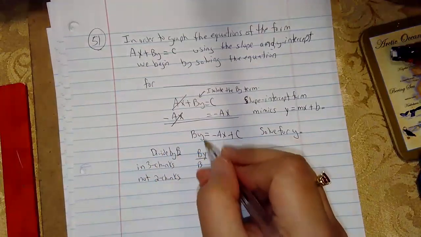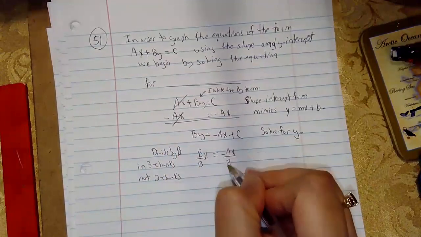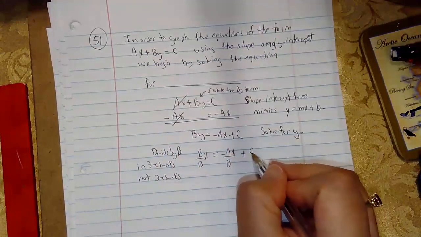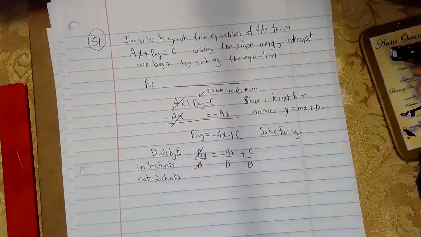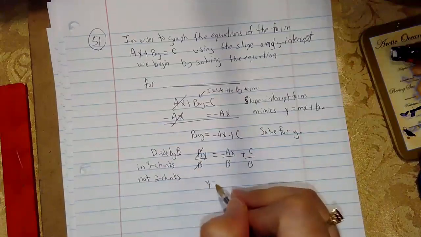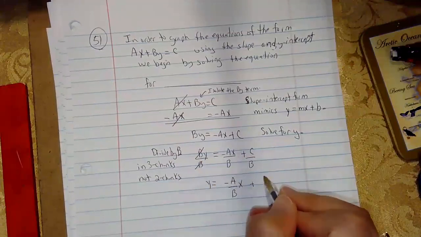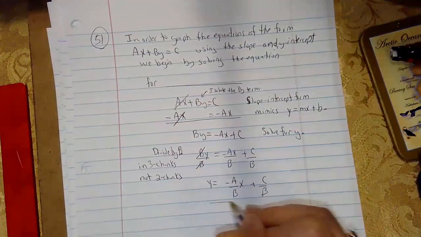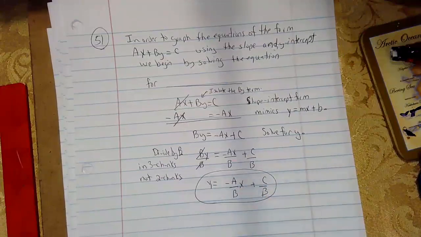So this is 1 chunk, that's 2 chunks, that's 3 chunks. So we have y is equal to negative a over b x plus c over b. And then you simplify if you could, or reduce if you could.